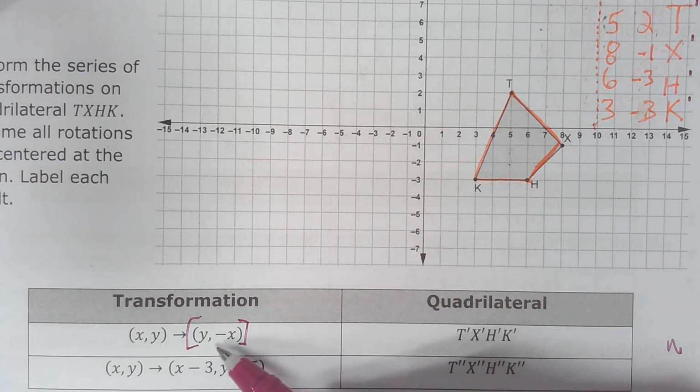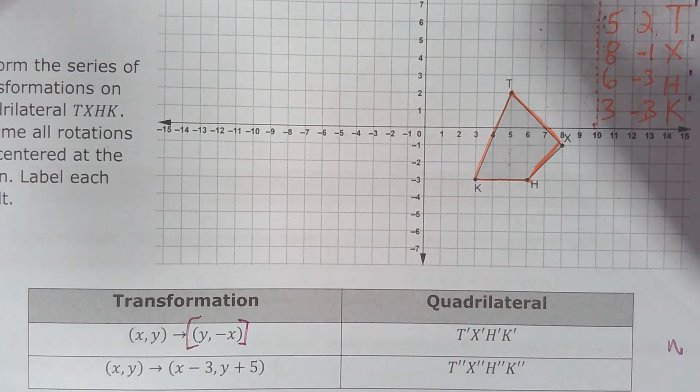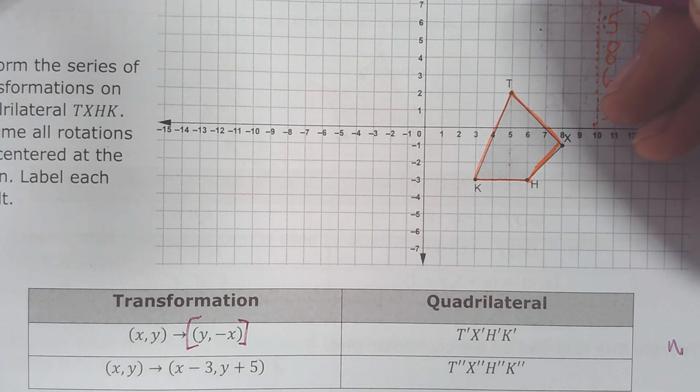Okay, so my comparison for my primes is going to be derived from my algebraic description. All my x's are going to be the y values. It should be this color.